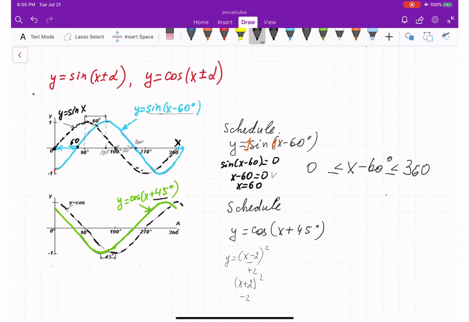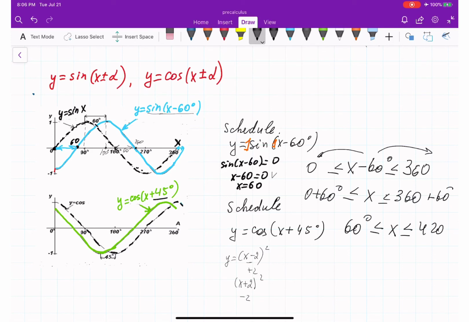From here, I move negative 60 here also and here also, because we have two inequalities, so you have to treat them equally. So x is greater than or equal to 0 plus 60 degrees and less than or equal to 360 plus 60 degrees. So my x period is changing from 60 degrees to 420 degrees.